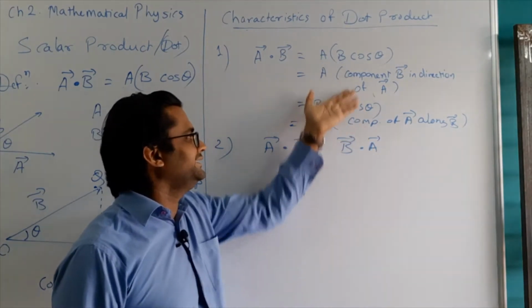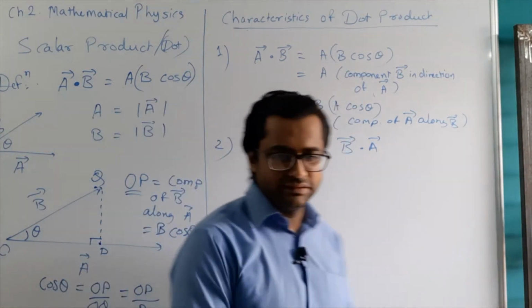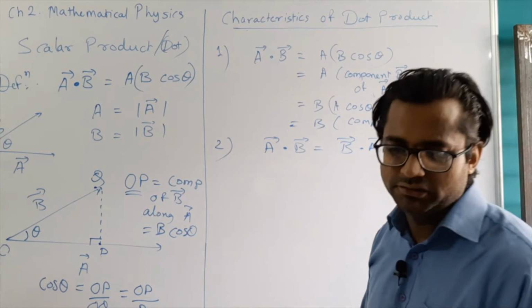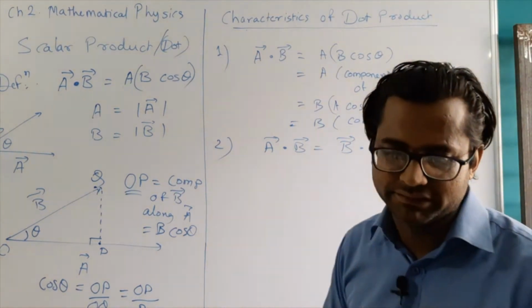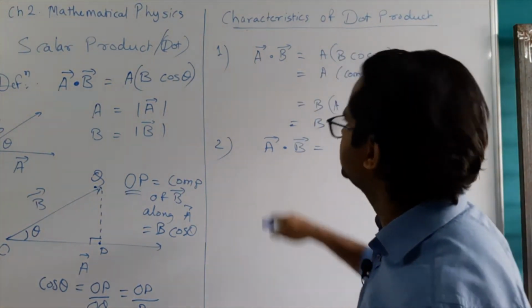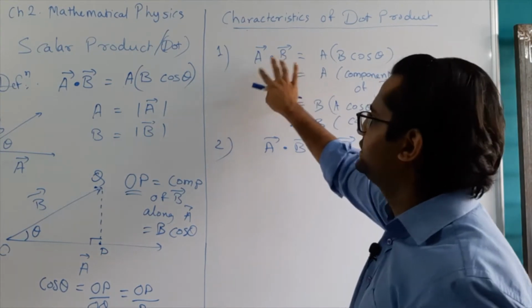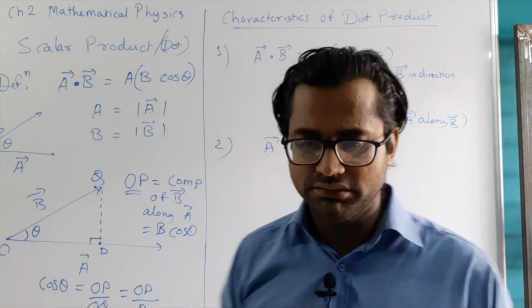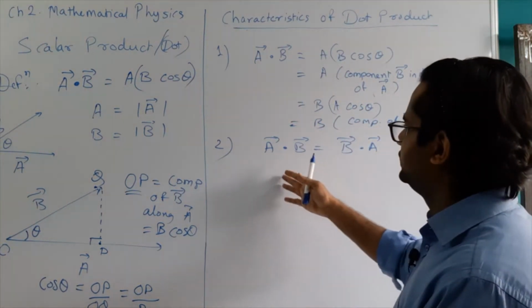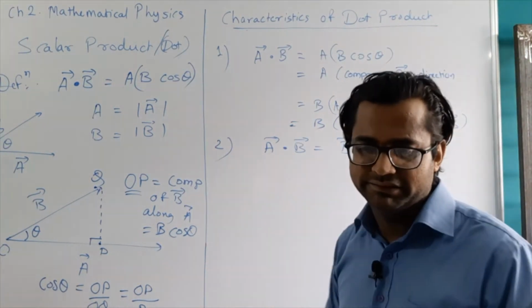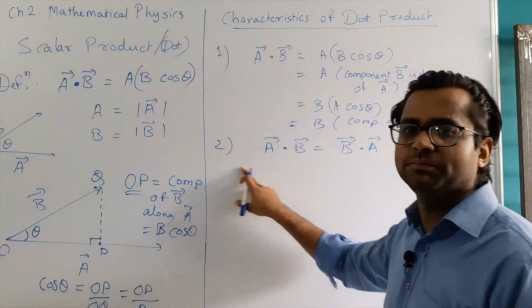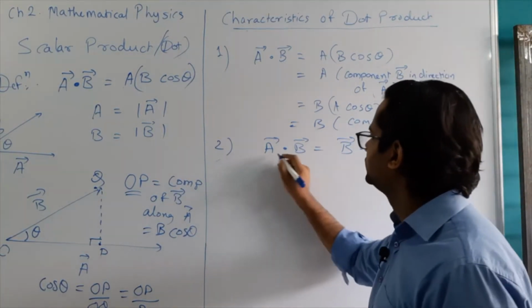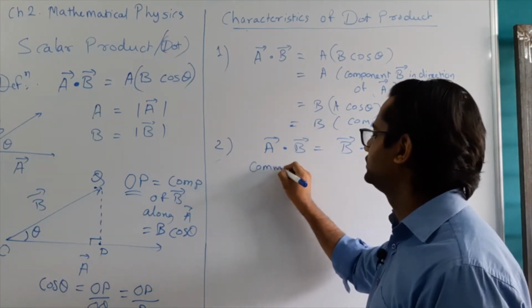So this is our property number 2, where we can change the sequence. In your Maharashtra State Board textbook, instead of A vector and B vector, it is given as P vector and Q vector. So don't worry, even though the names are different, the laws are still the same. This second property is called the commutative property.